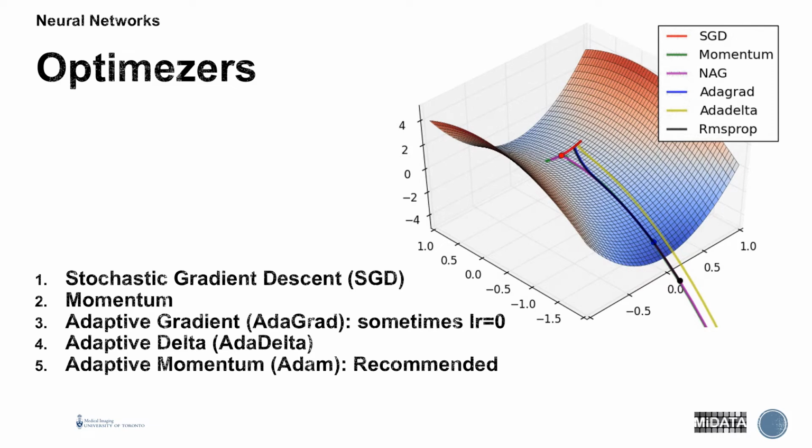The most used recommended optimizer is the adaptive momentum optimizer, which in short form is called ADAM, so the ADAM optimizer. There are other ones that are used for specific situations, but in general, from my experience anyway, the ADAM optimizer is the way to go.